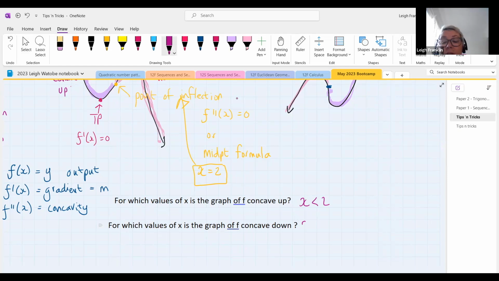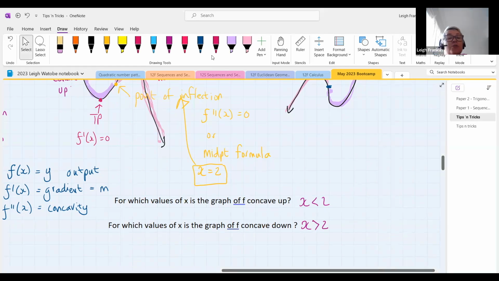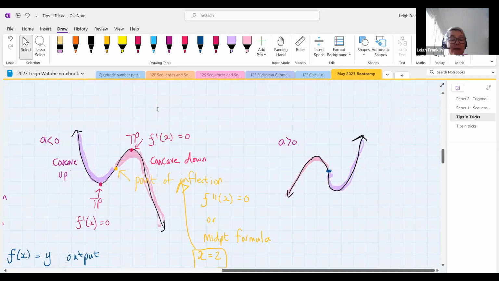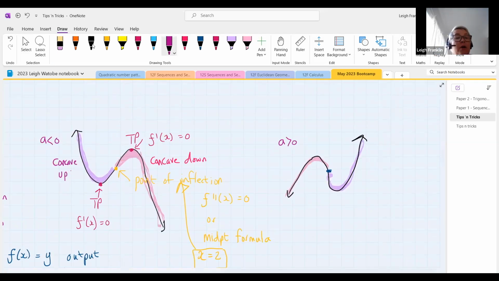Sorry, where x is greater than 2, beg your pardon. Where x is greater than 2. Remember, your x-axis is your horizontal axis, so it doesn't matter where your x-axis is. Numbers get bigger as you move to the right. Numbers get smaller as you move to the left.